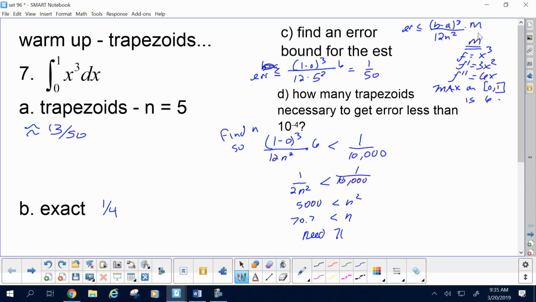All right, did you get 71 or more trapezoids for part D? Yes. All right. Okay, no. N must be an integer, and you always round up. Okay, questions on 7. Cool.